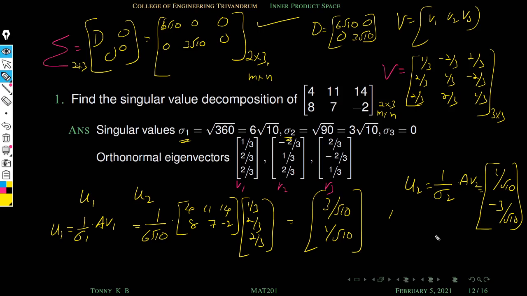What is the value of M? M is 2. So we have to construct a 2 by 2 matrix. So what is U? Now U is clear.